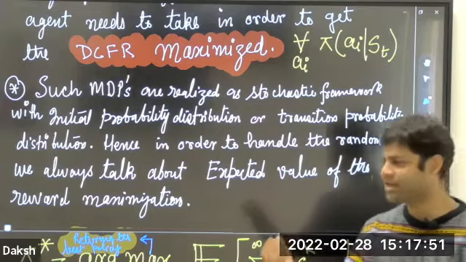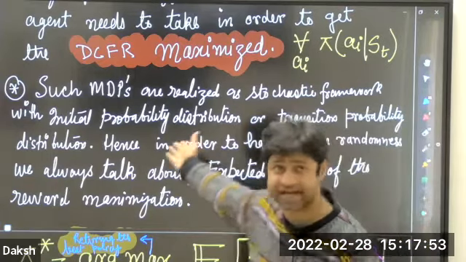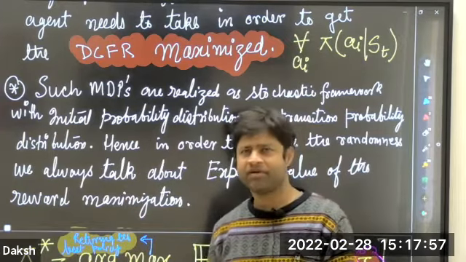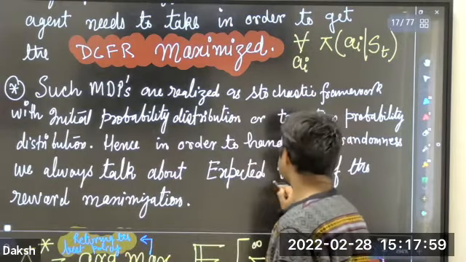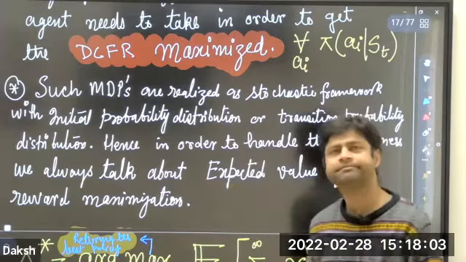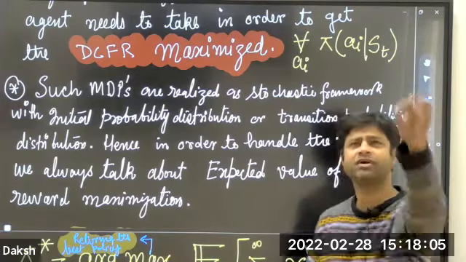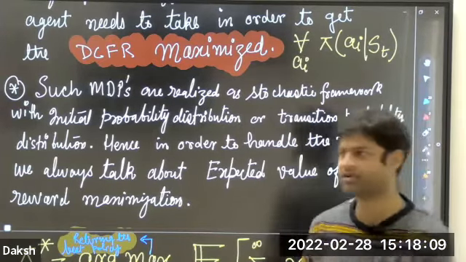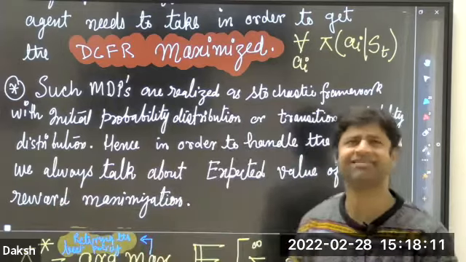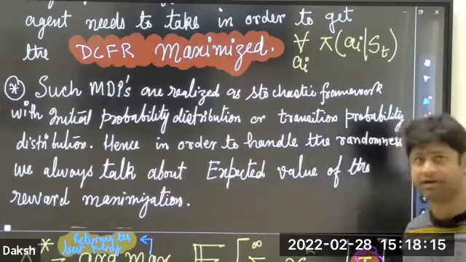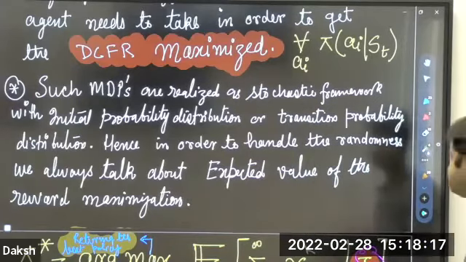It's not a single value that you can maximize because it's a stochastic process. If there is a stochastic process, we always talk about the expectation of something. You're not going to get a single value. For this episode you will get this, for this something else, even for a given fixed policy.